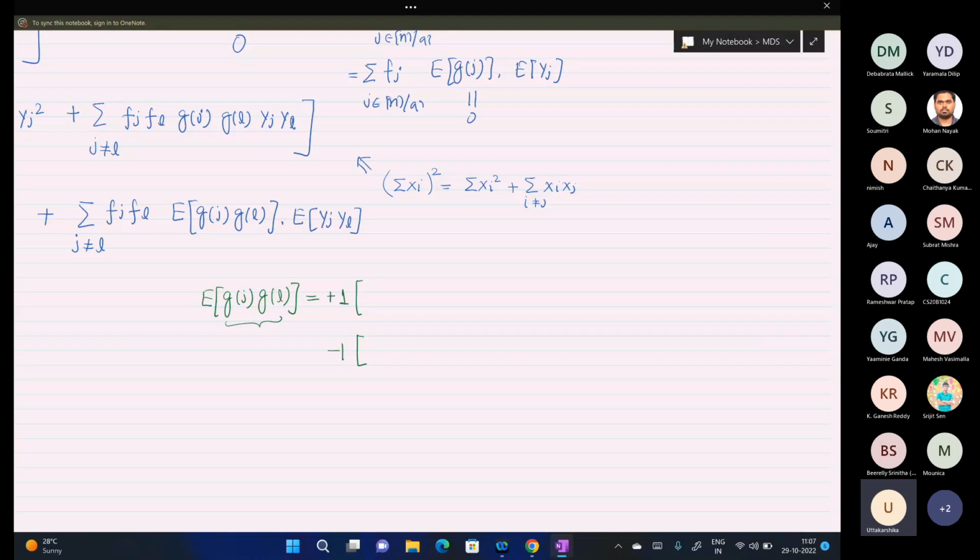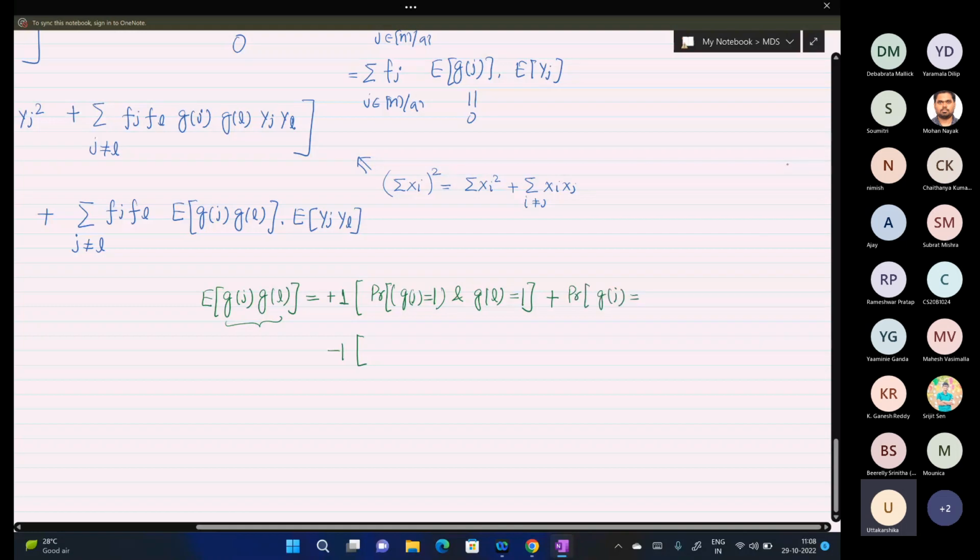So when does it take value 1? When gj takes value 1 and gl takes value 1, right? And what is the other case when this value is 1? When both of them take value -1.